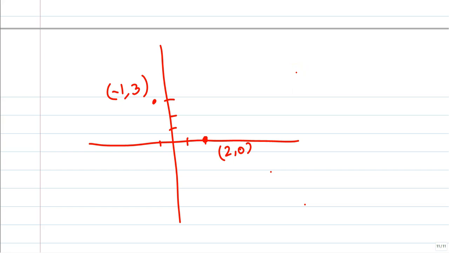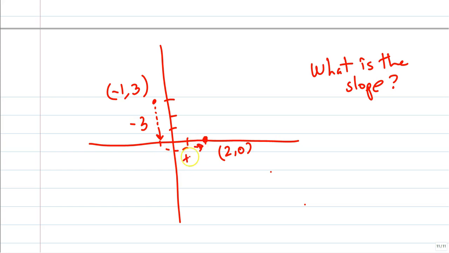What is the slope? Okay. Well, I can do that visually. The change in y is down 3. The change in x is over 3.